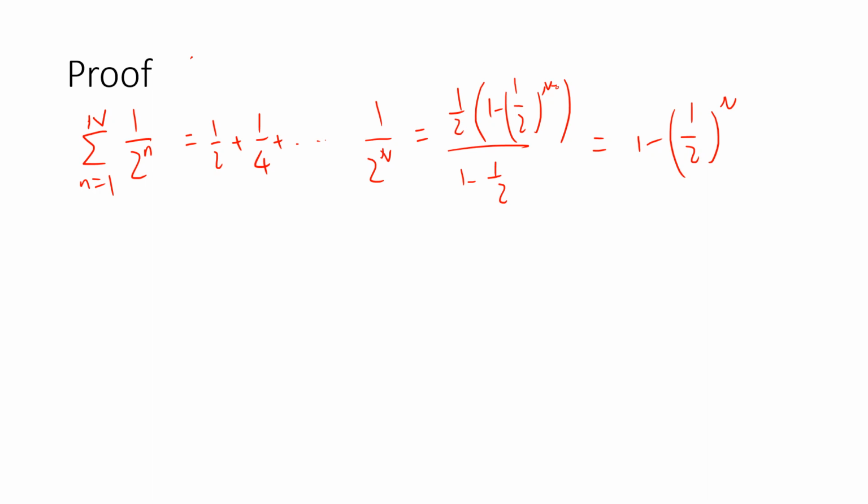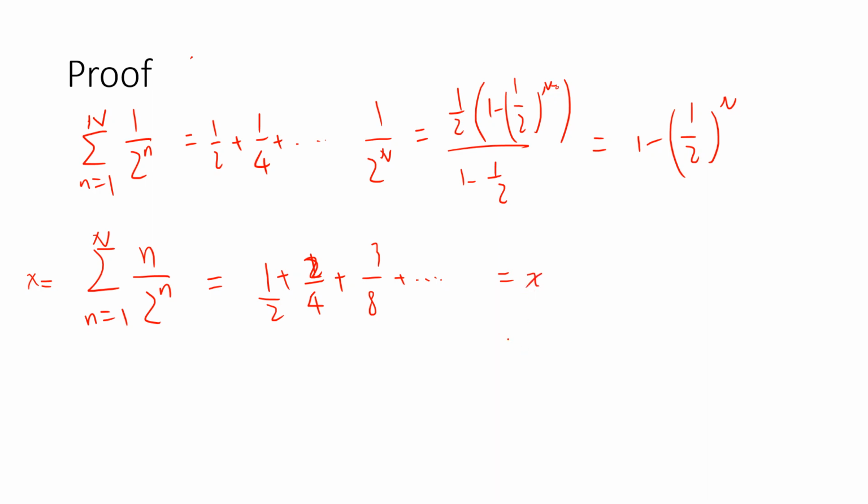The second important quantity we need is this one. How to solve it? Suppose I call it x, and I multiply it by half.